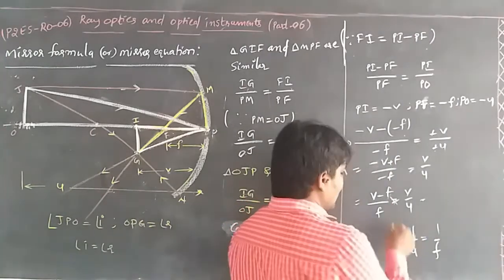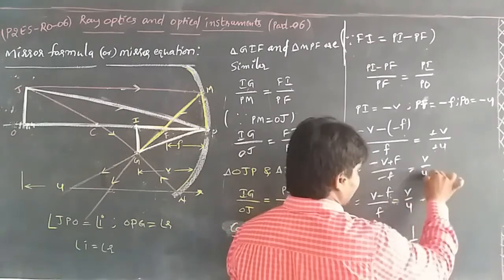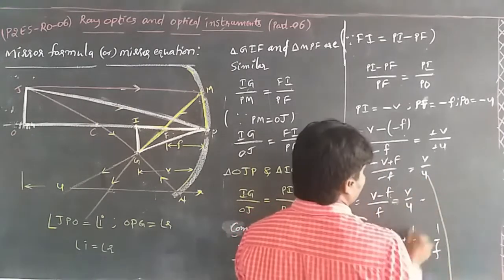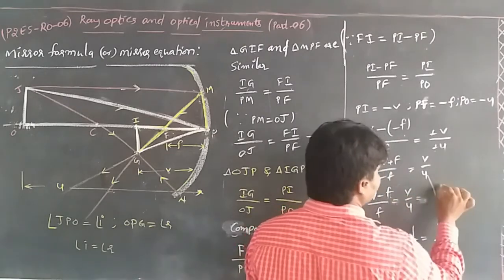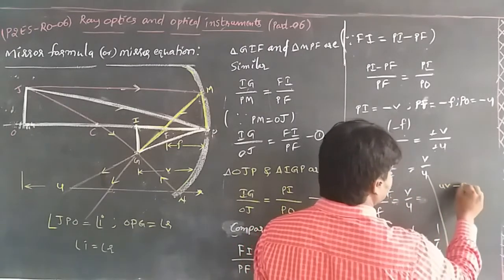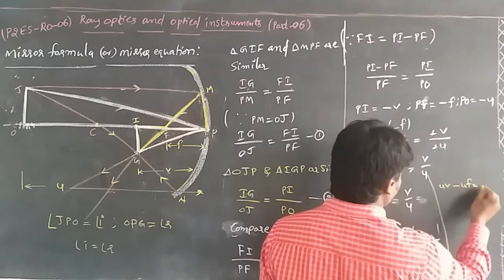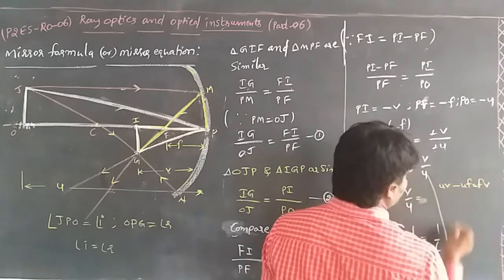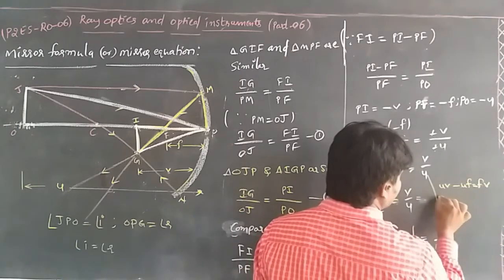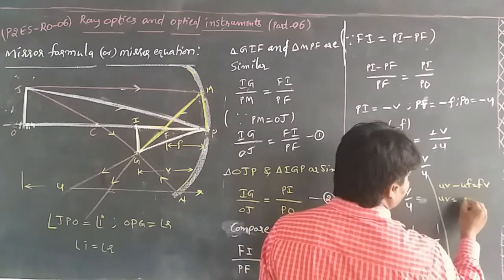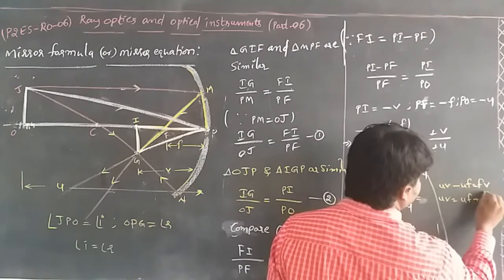If we want to see the calculation, we do the cross multiplication of this equation. Then we get uv minus uf is equal to fv. Taking this term to the other side, uv is equal to uf plus fv.